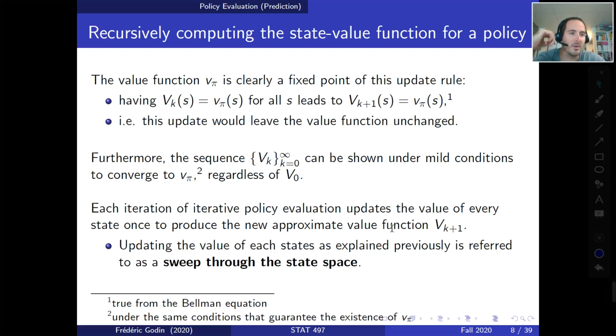Then fixed point theory entails that you have a unique fixed point and that your sequence V_k would converge to that fixed point. This is not mandatory to know, but I encourage you to learn about it if you're interested. What we have to know is that for most cases of interest, V_k will converge to the true value function.